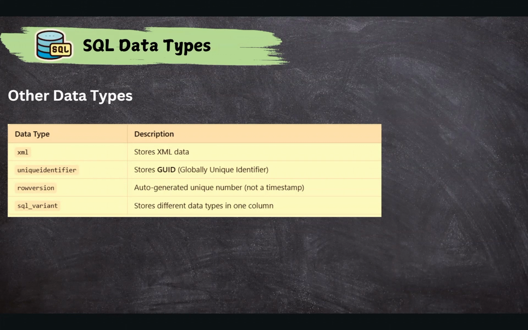In case you are going to utilize the GUID, which is globally unique identifier, you can use uniqueidentifier as a data type. In case you want to generate your unique number, you can utilize rowversion. And the last data type is sql_variant, which can store different data types in a particular column. No need to define the data type more specifically if you want to declare sql_variant.